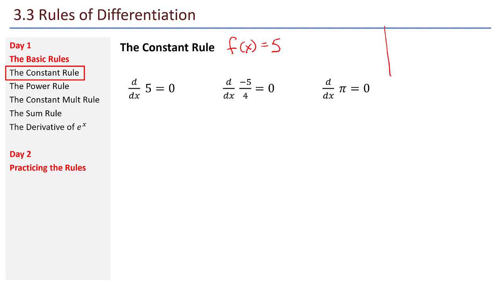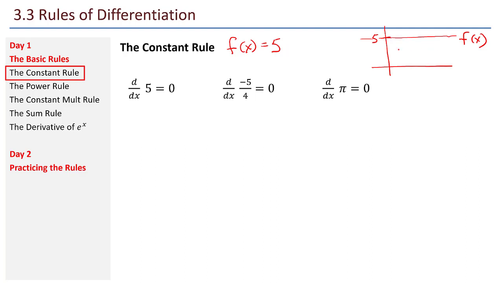Here's a little graph. It sort of makes sense of why this should be true. How would I graph the constant function f of x equals 5? It's just a nice straight horizontal line with a height of 5. There's my graph of f of x. And what is the slope at every point on that line?